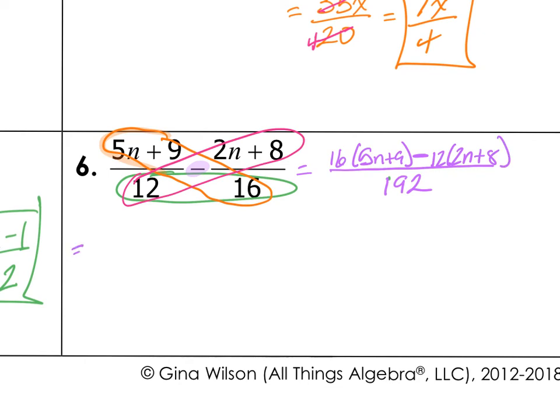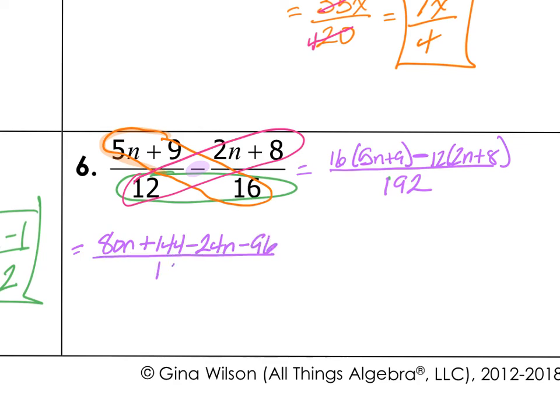So if I multiply that out, 16 times 5 is 80n plus 16 times 9. 16 times 9, I'm just checking. So 144 minus 24n minus 12 times 8 is 96.